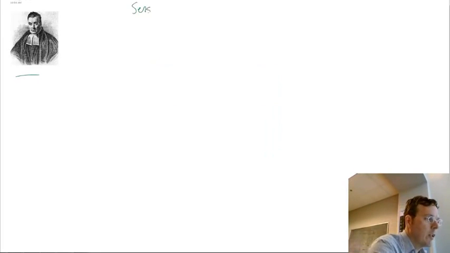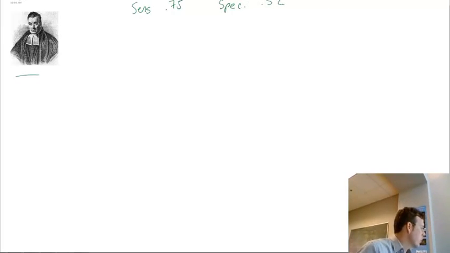Here the sensitivity is 0.75, the specificity is 0.52, and the problem also stipulates: suppose a subject has a negative test and that 30% of women taking pregnancy tests are actually pregnant in the population being considered. What number is closest to the probability? We want the probability of being pregnant given that the test is negative.